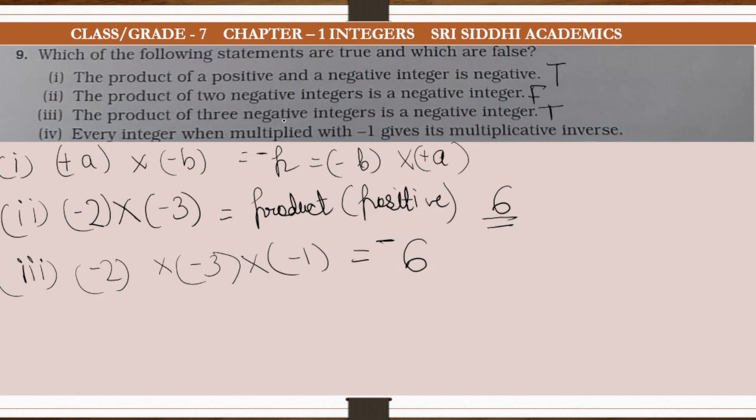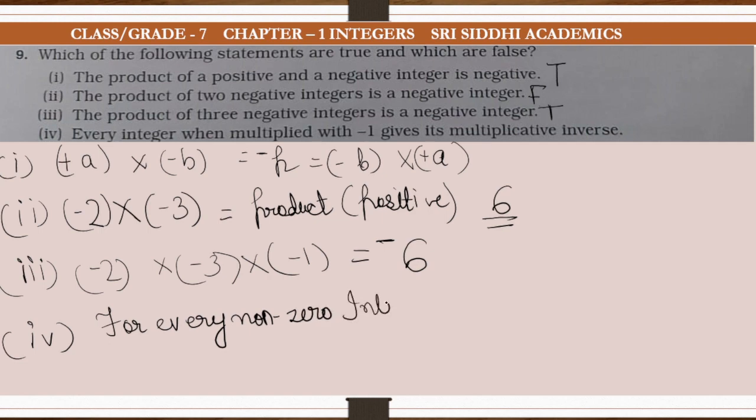Every integer when multiplied with minus 1 gives its multiplicative inverse. Now multiplicative inverse, what was the theory that we learned? That for every non-zero integer a, non-zero, why not 0? We will see that also.